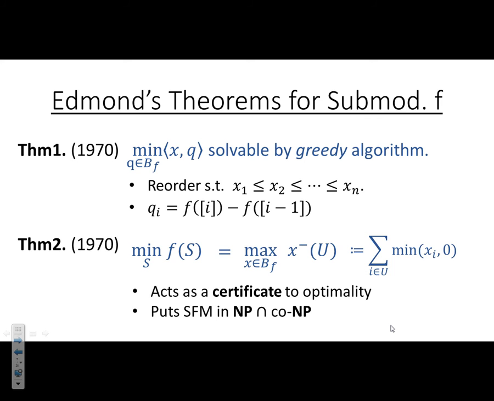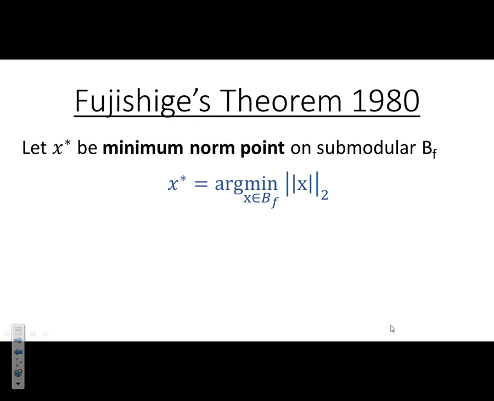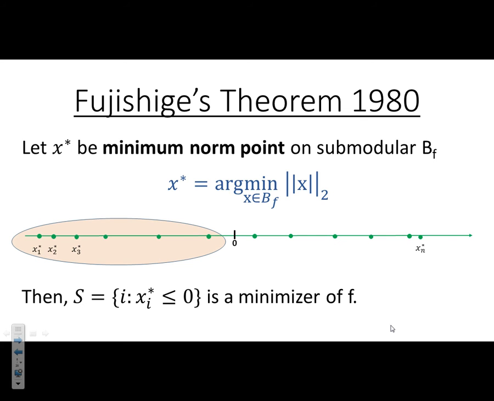Okay, so that's Edmonds. Now comes Fujishige's theorem, which says: let's go back to the base polytope B_F and let x* be the minimum norm point, the point which is closest to the origin, so it minimizes this value. Suppose you could find it; then submodular function minimization is trivial.